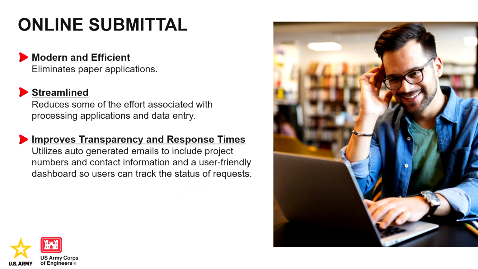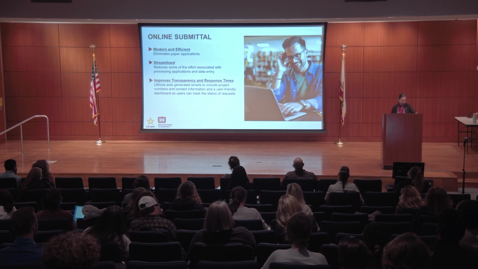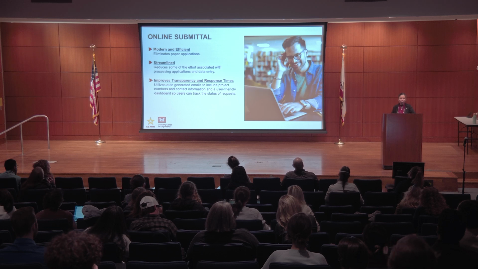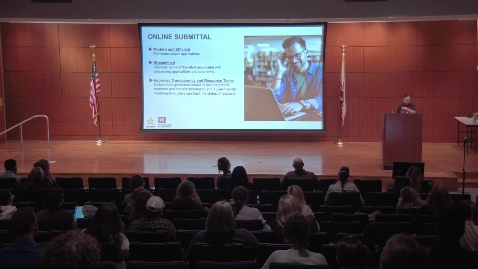Okay, so for those that were listed there, I just want to talk more about the JDs, the jurisdictional determination requests, and the no permit required requests. Now, you can actually submit an AJD and permit at the same time.